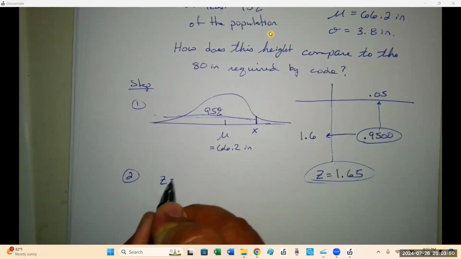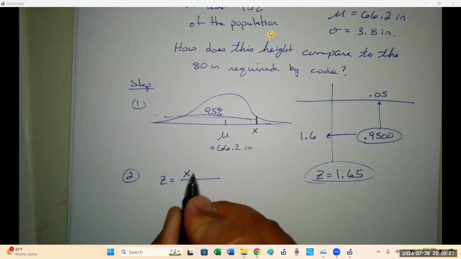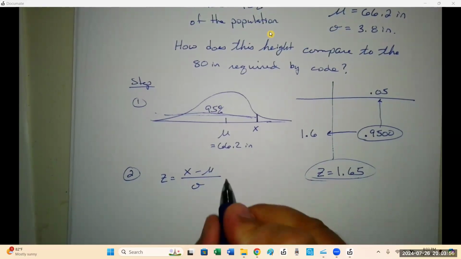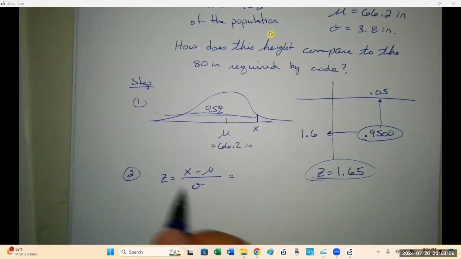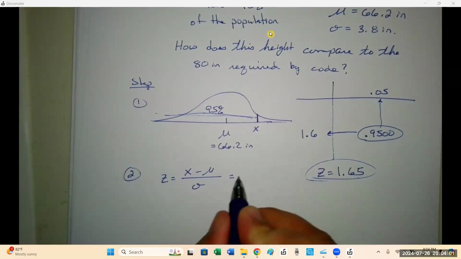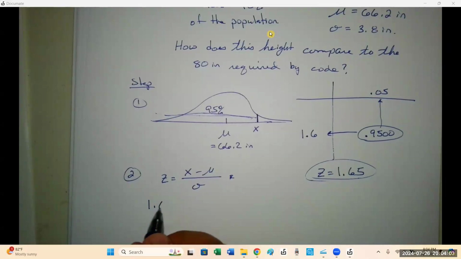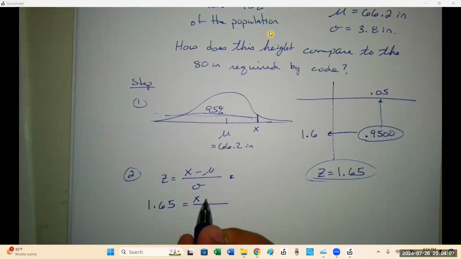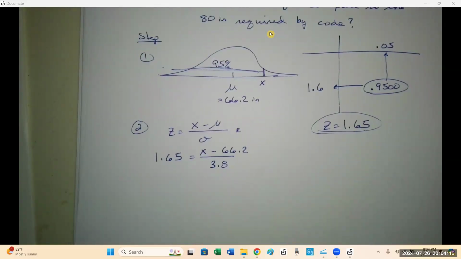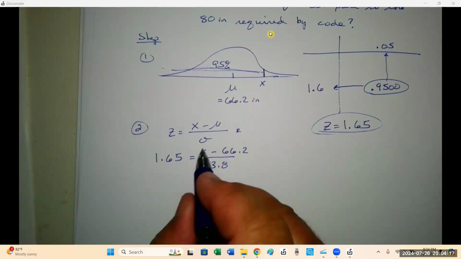So plug in our formula: Z equals X minus mu over sigma. Z is 1.65. We don't know what X is, minus 66.2, over 3.8. Solve for X.